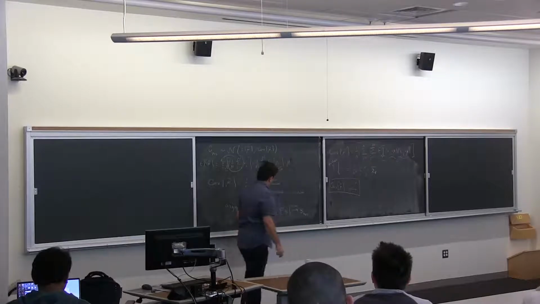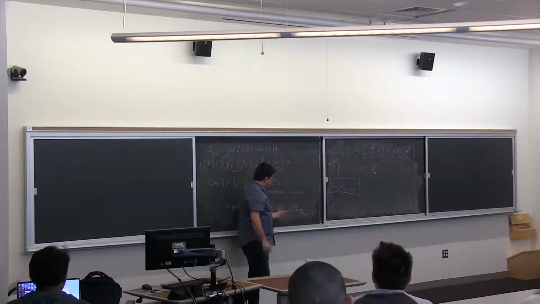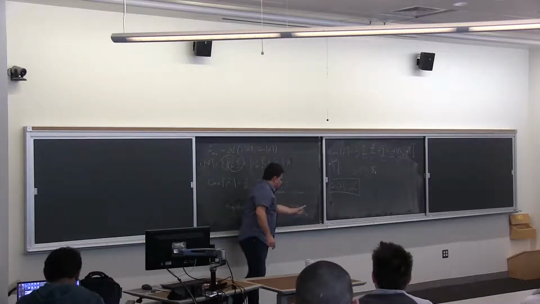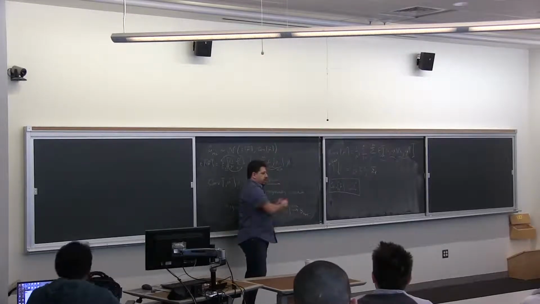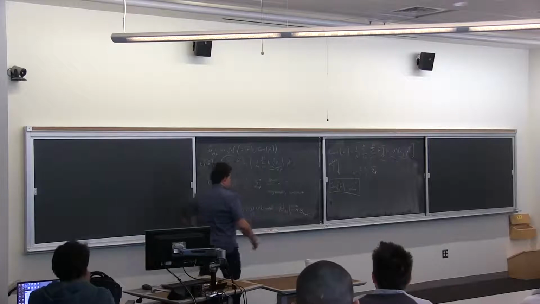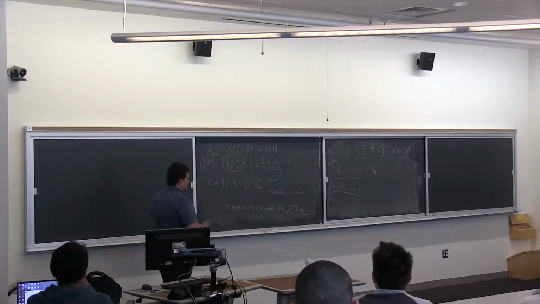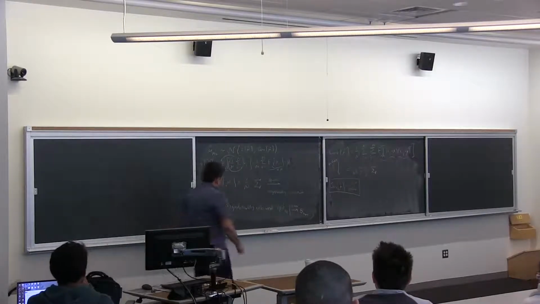Right. So as you throw more samples into the estimator, the expected value becomes equal to the true value. But for a finite number of samples, it might not be unbiased. So it only becomes asymptotically unbiased as you throw in more and more samples.